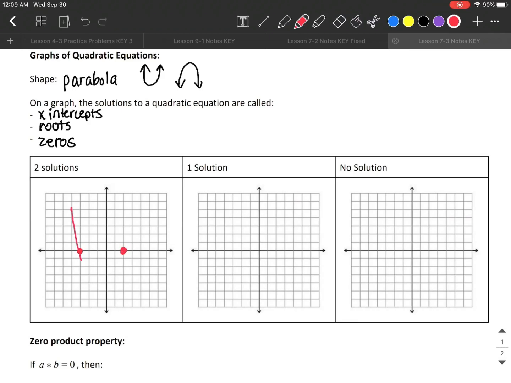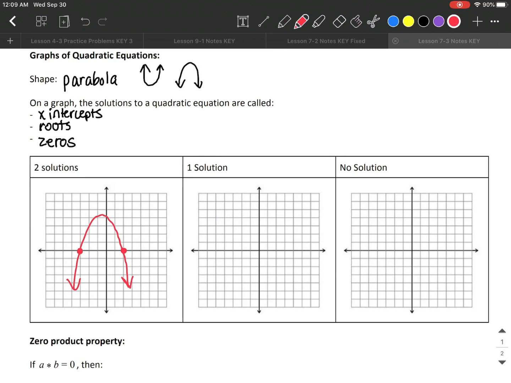And now I have a parabola connecting them. That is an example of a parabola or a quadratic equation with two answers or solutions. I didn't have to draw it like that. Whoops. I could have also made it look like this, as long as it's intersecting in two places.